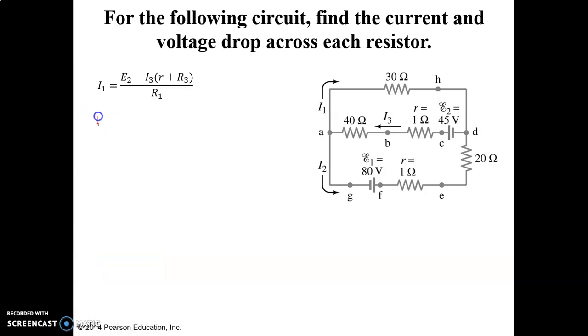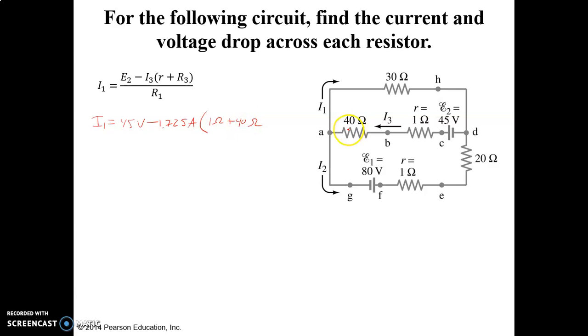And so that means that I1 is going to equal EMF2, which was 45 volts, minus I3, which we just found to be 1.725 amps, times 1 ohm plus R3, which we said was 40 ohms.